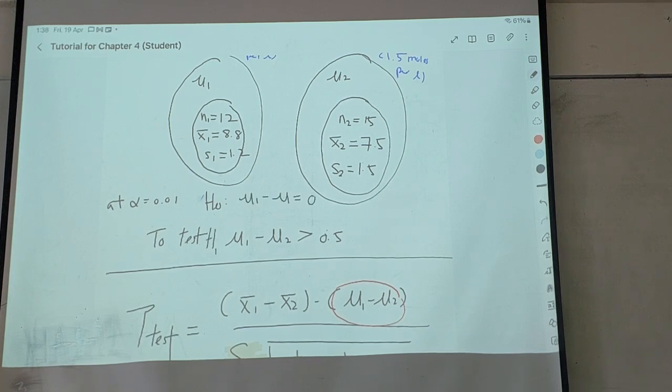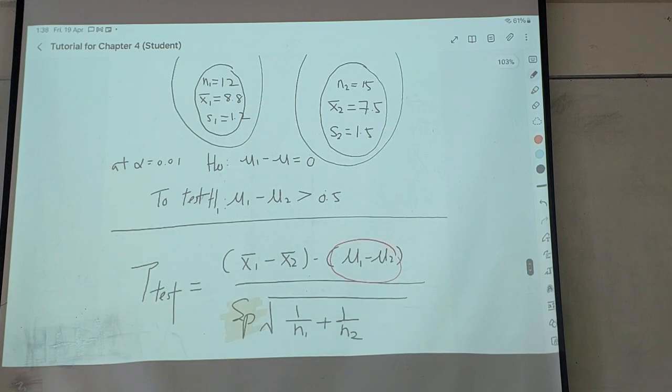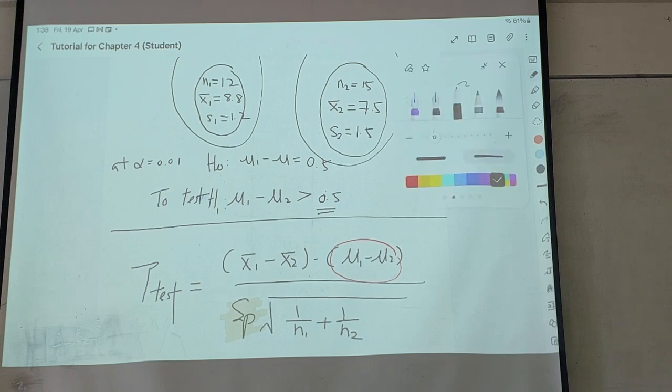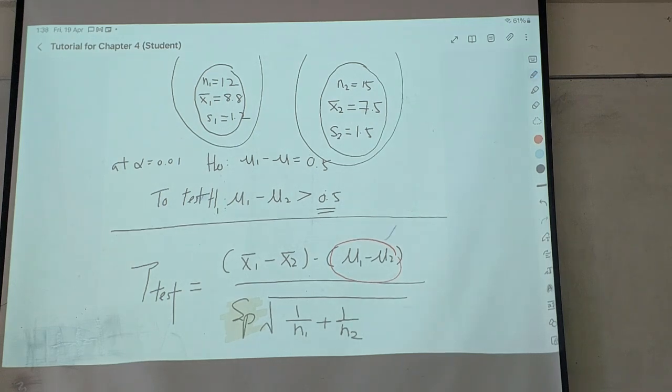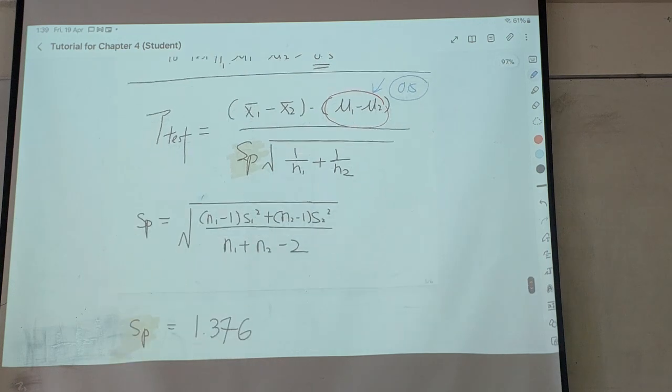This is the alternative hypothesis, sorry, 0.5, because this is the objective. We want to test if it is more than 0.5 or not. Hence, what is the value that you need to put in here for mu1 minus mu2? Yeah, 0.5. Understand? Okay, so can you calculate the t-test now?